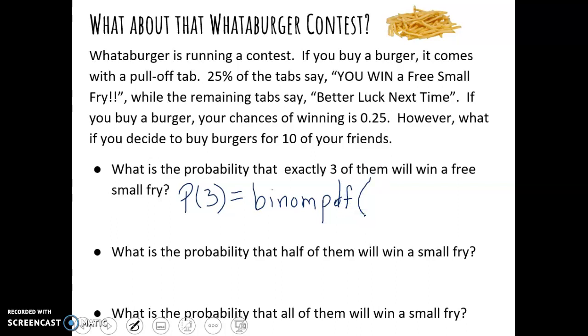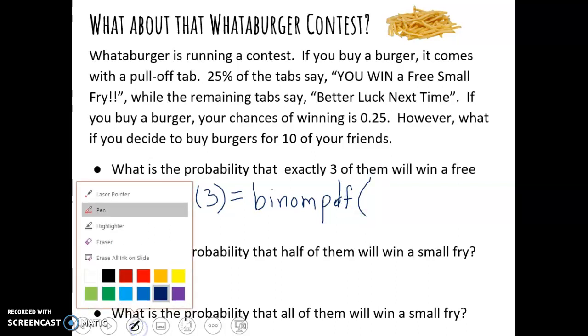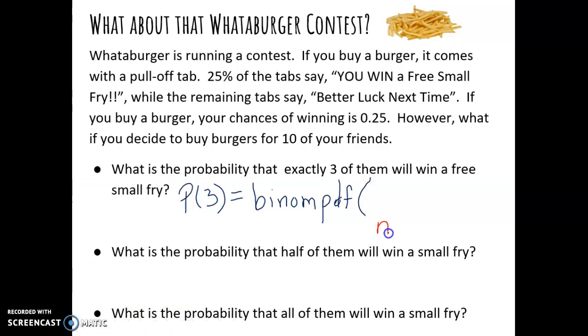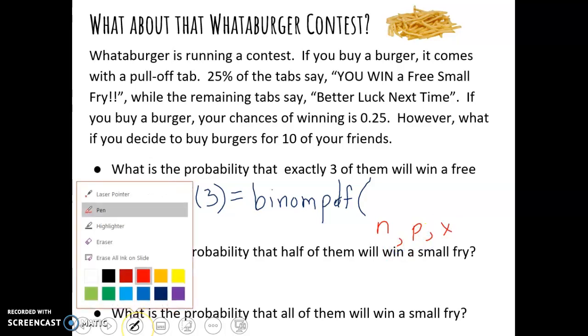And remember, for binomPDF, we need 3 things: N, P, and X. For some of us, the calculator will prompt that. For others, you need to type it out in this order.